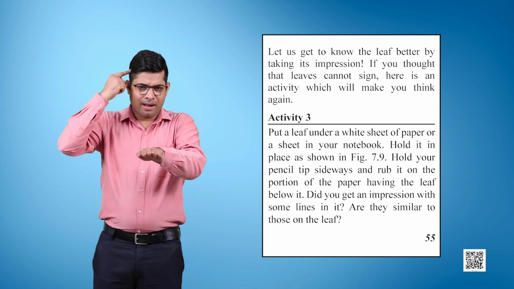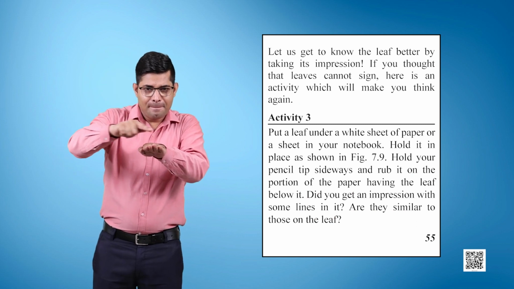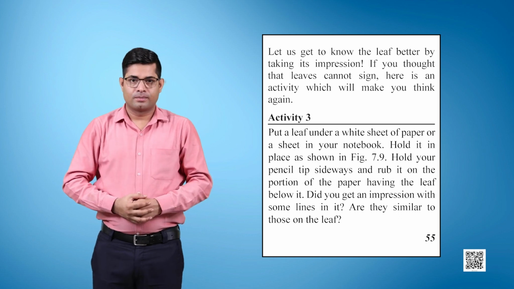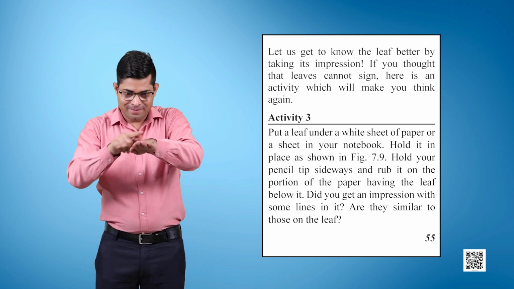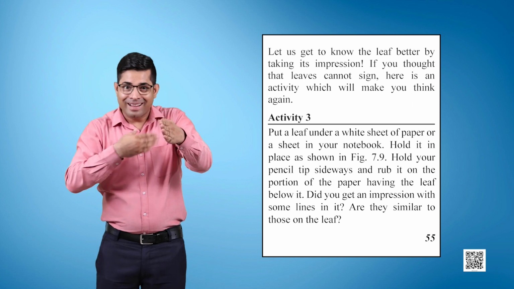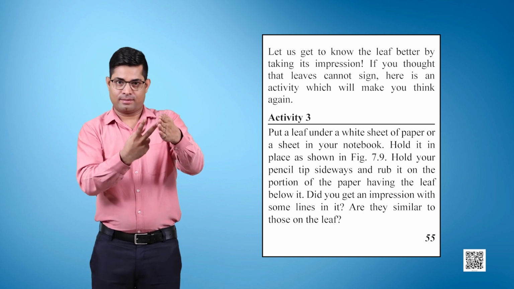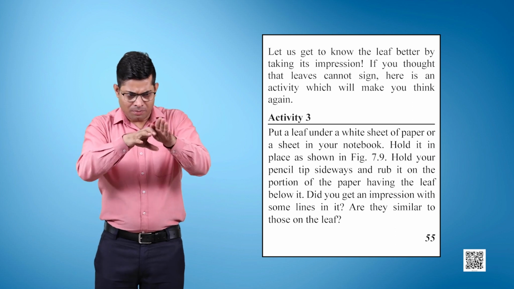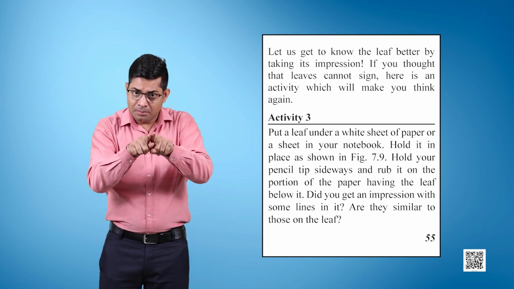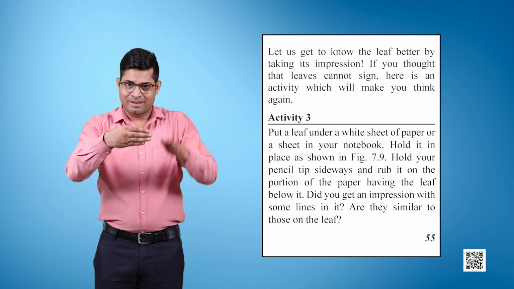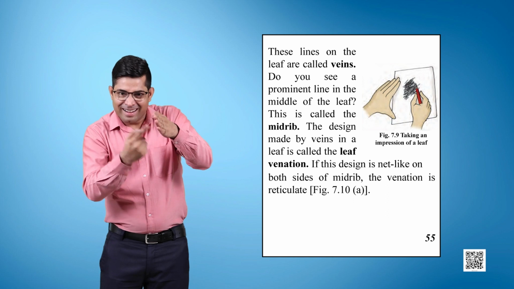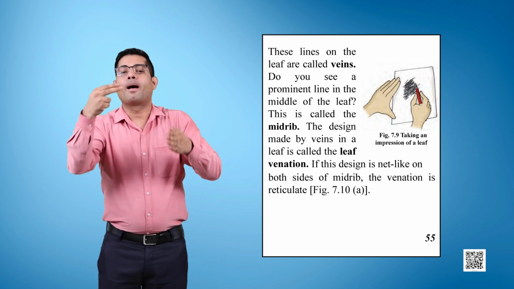Hold your pencil tip sideways and rub it on the portion of the paper having the leaf below it. Did you get an impression with some lines in it? Are they similar to those on the leaf? These lines on the leaf are called veins.